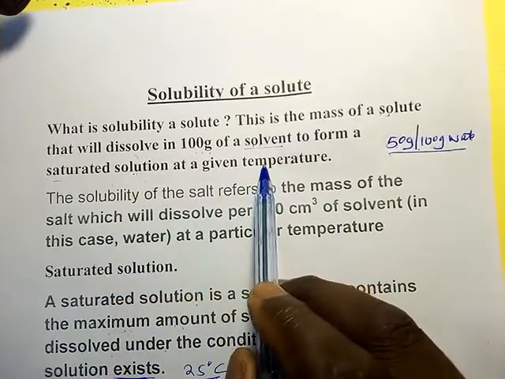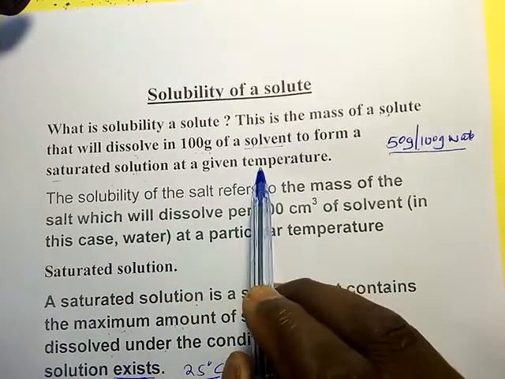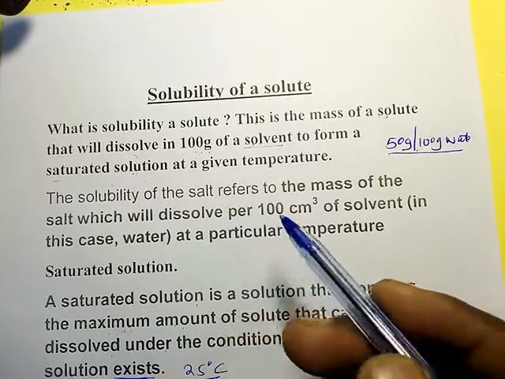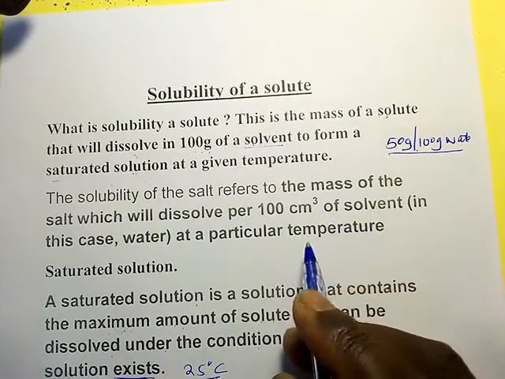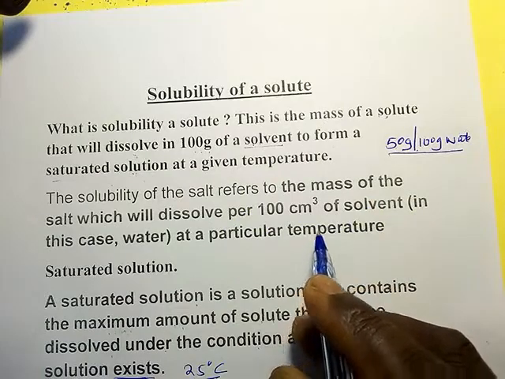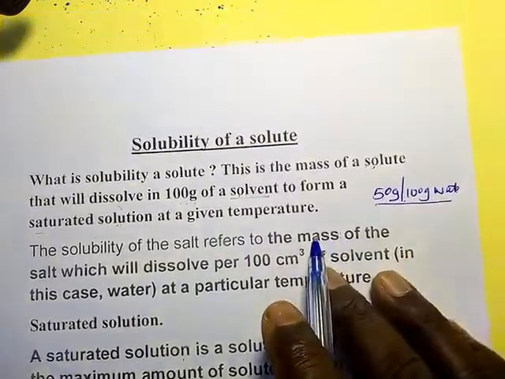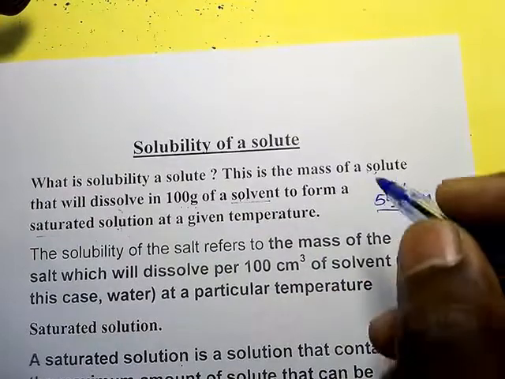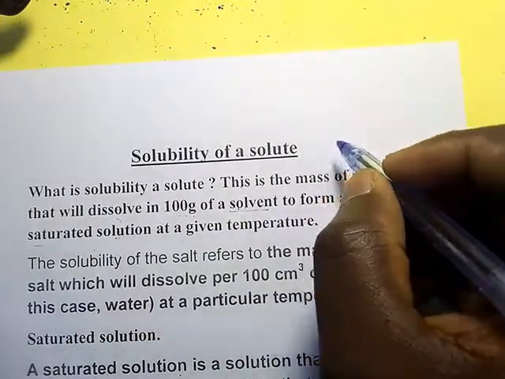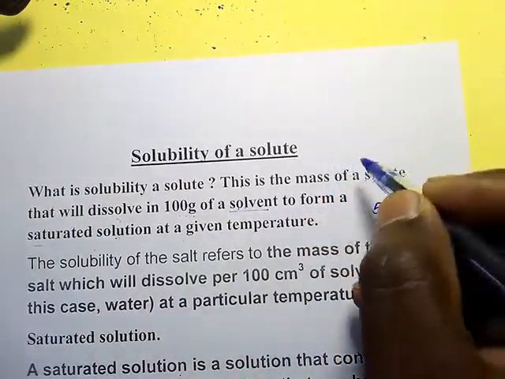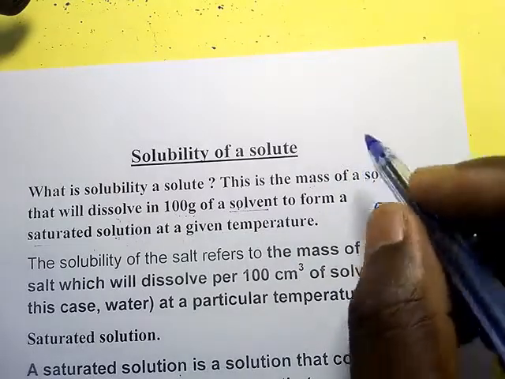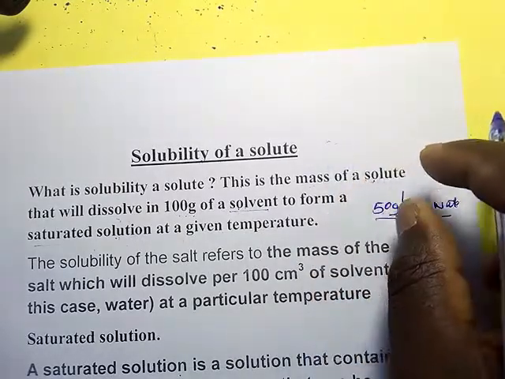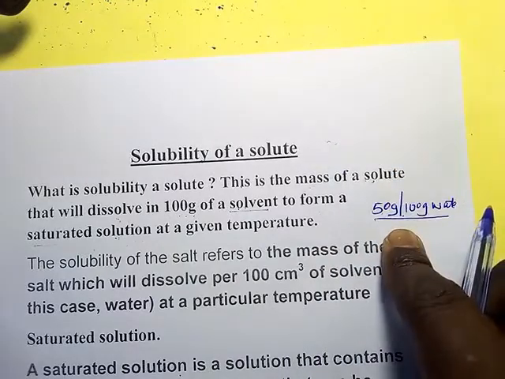Very important, because solubility depends on temperature. When you vary temperature, when you change temperature, the solubility changes. Mark that. So whenever you are asked to calculate the solubility of a salt, you are simply asked to calculate the mass in grams that dissolves in 100 grams of water.